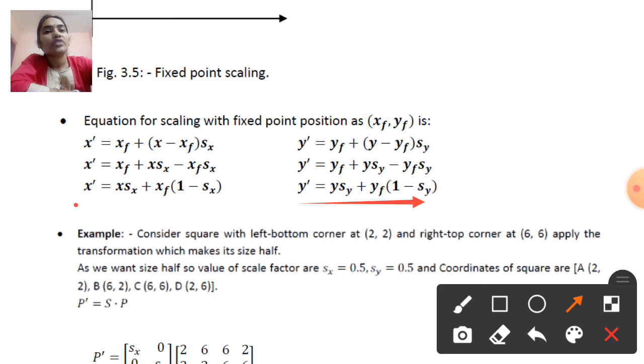So this is your x dash formula in fixed point scaling, and this is your y dash formula in fixed point scaling. Let us consider one example and solve it.